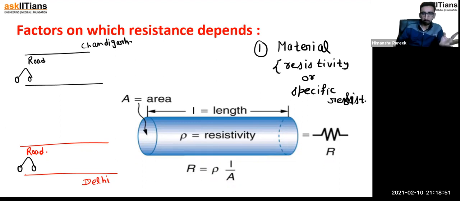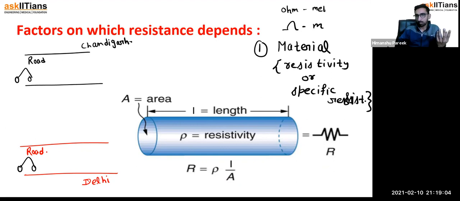What is the unit of resistivity? It's ohm meter. This symbol is called ohm. So ohm meter is the symbol for resistivity, always remember this. It is the SI unit for resistivity.